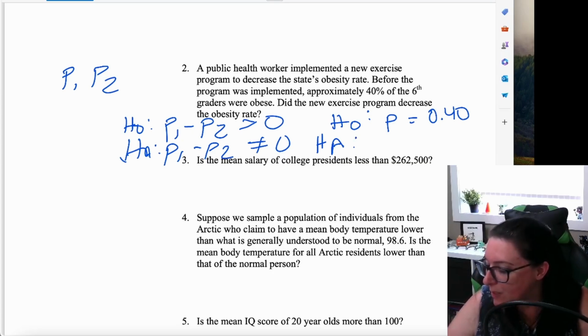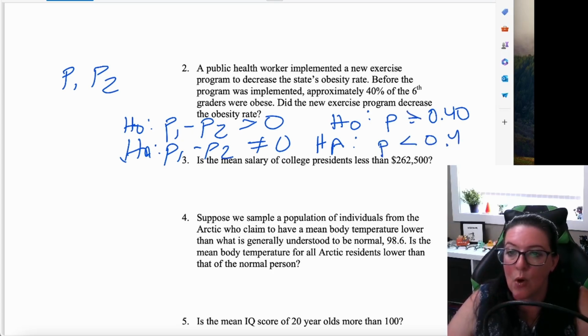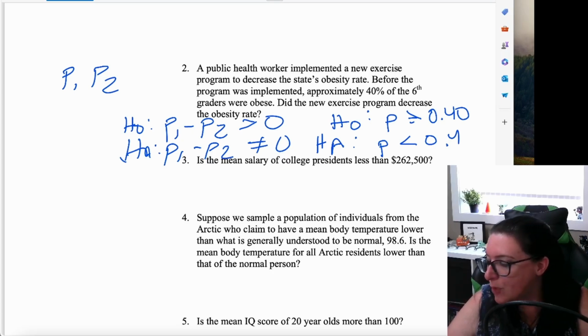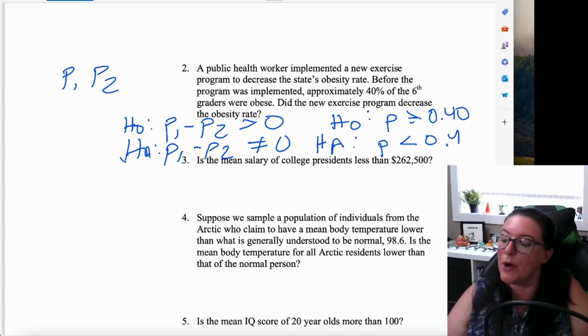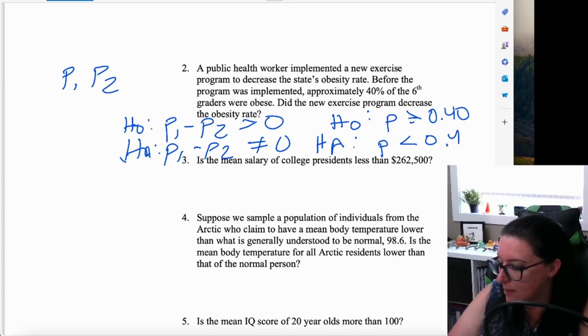It decreased obesity, so we think that it's less than 0.4. Well, then that means the null hypothesis has to be greater than or equal. So more obese or the same number of obese. So it depends on how we've collected the data that we would build our hypothesis test.